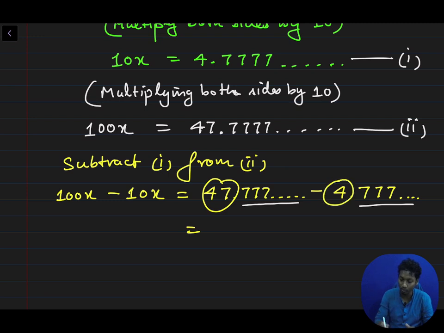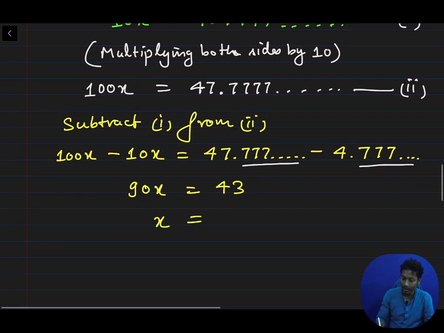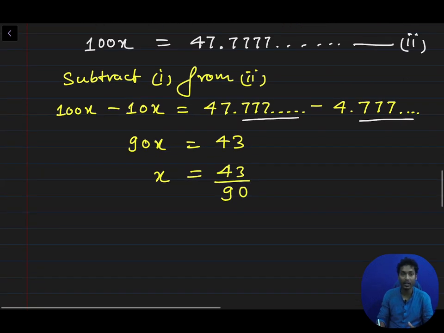That is what we have to do. All the decimal places will get cancelled. So 47 minus 4 gives you 43. So you see clearly the decimal places have gone, and 100x minus 10x will give you 90x, which is equal to 43, so x is equal to 43 by 90. Now can we simplify it further? No. So leave it as it is.